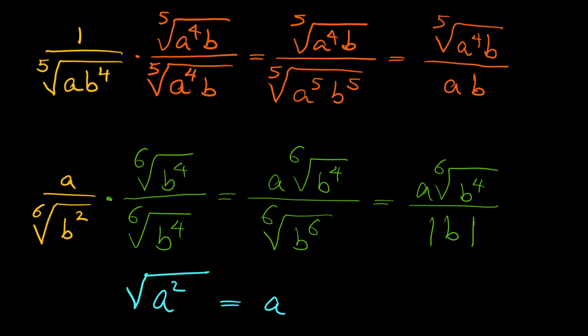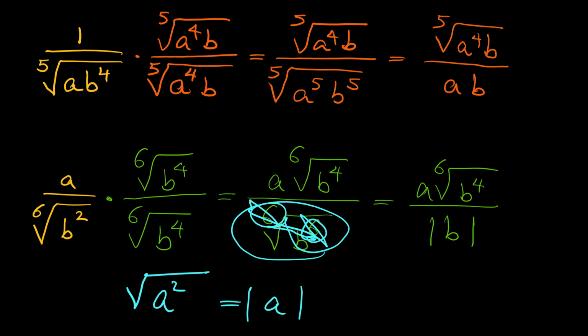The answer of any radical with even index is always positive. So you have to put absolute value here. Here also, the index of the radical and this power are the same, so you can cancel them. But maybe b is negative, and because we don't know the value of b, we have to put absolute value for b here. This is the reason that we have to put absolute value in this example.